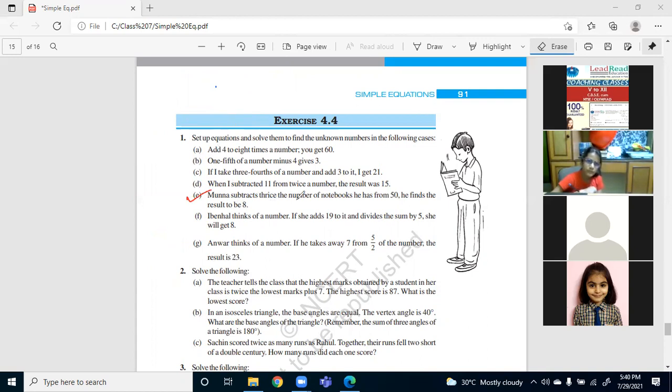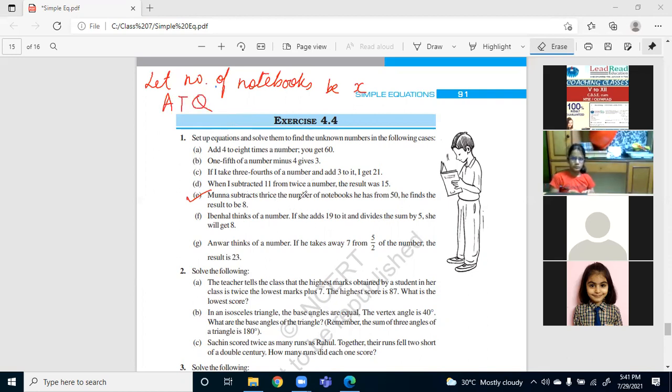Munna subtract thrice the number of notebook he has from 50. He finds the result to be 8. So first we will write, let number of notebooks be x. Then we will write according to question.